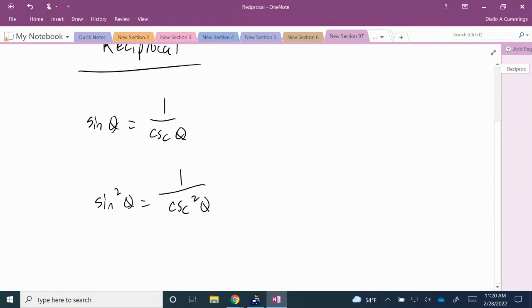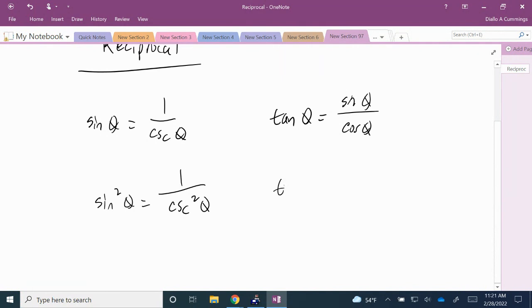So if we're trying to substitute sine squared, we can substitute 1 divided by cosecant squared. Here's another example. We have that the tangent of theta is equal to the sine of theta divided by the cosine of theta.